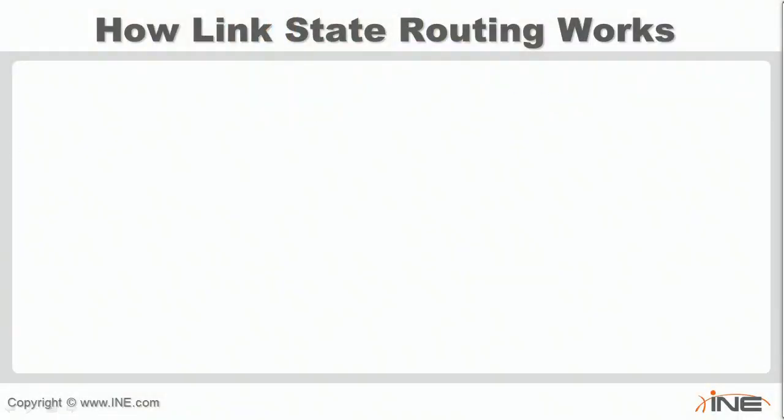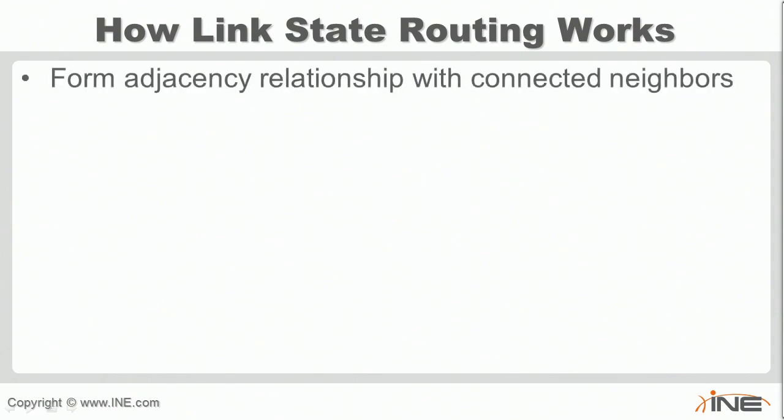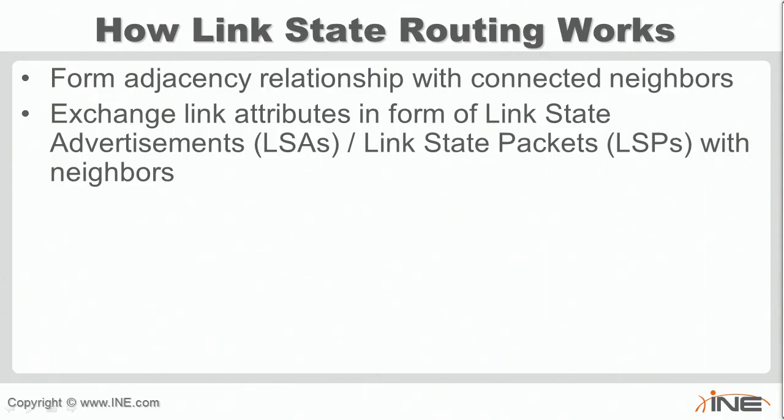So in order for this to work, similar to EIGRP, the first step of link state routing is to form neighbor adjacencies. This is to figure out which routers are running the protocol, and then we're going to advertise different attributes of the links. In OSPF, we call these link state advertisements. In IS-IS, we call them link state packets. Basically, it's the same thing.